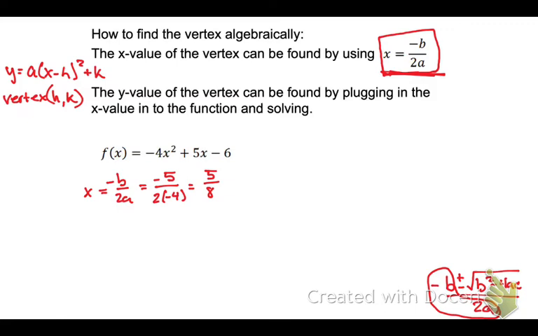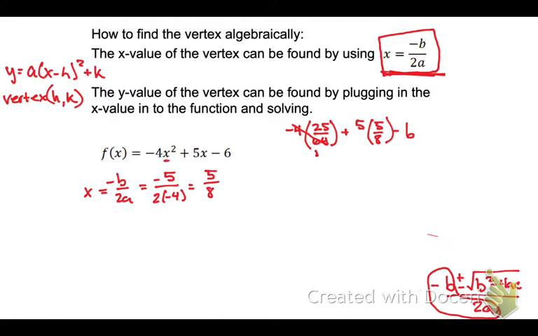So now what? How do I find my y? Plug in 5/8. So it gives me negative 4 times 25/64 plus 5 times 5/8 minus 6. Well, 4 goes into 64 16 times. 25 and 64.